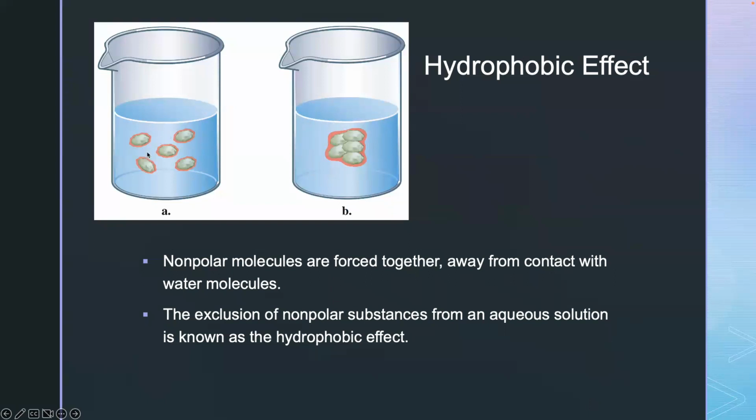So instead of having multiple air quote cages around all of them, the hydrophobic effect is considered a weak force that maintains 3D structures of biomolecules, but all of those molecules are going to clump together, and there's only going to be one cage around them. Whenever we think about polar molecules, those are going to be able to form hydrogen bonds with water and then be dissolved versus making aggregates like you see here.